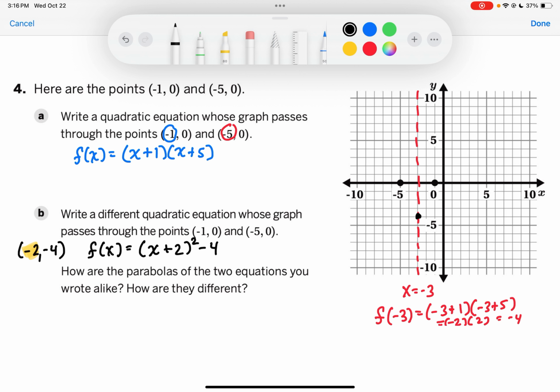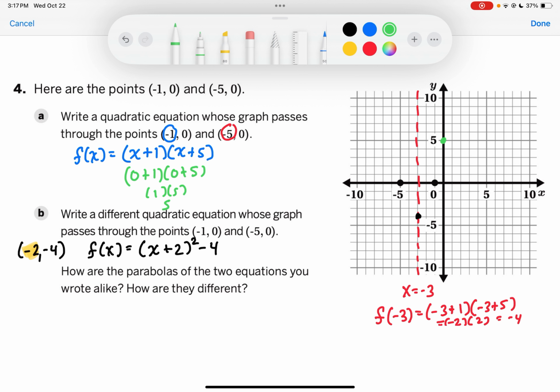Okay, so we're going to look to see how the parabolas that you wrote are alike. They're going to be the same graph. If I think about my y-intercept, it is going to be at 5, because if I plug in zero here, I get 1 times 5, which is 5.